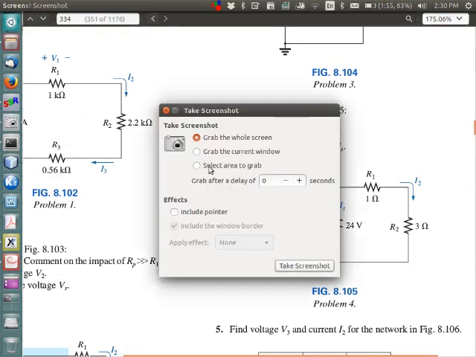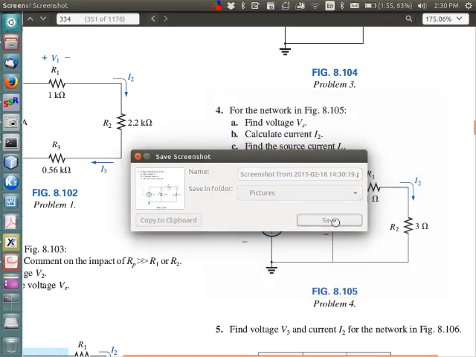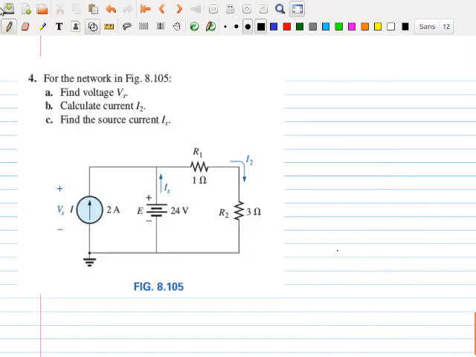So let's cut this out. Okay, this is question number, I think, 8.4 in the book. Question 8.4 in the book.